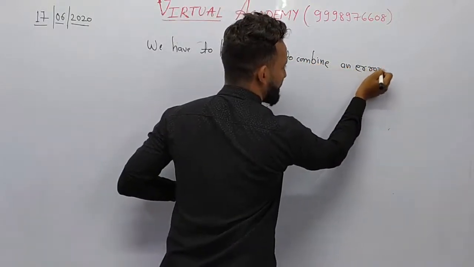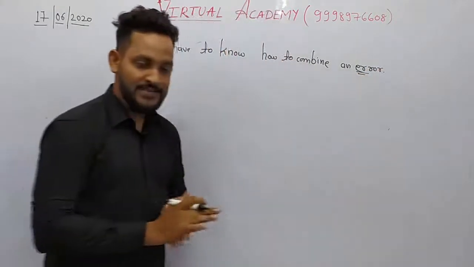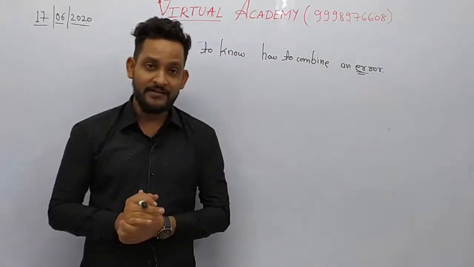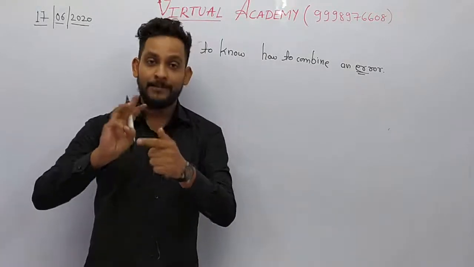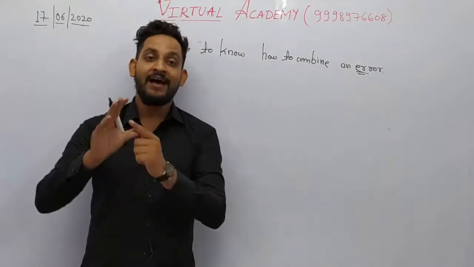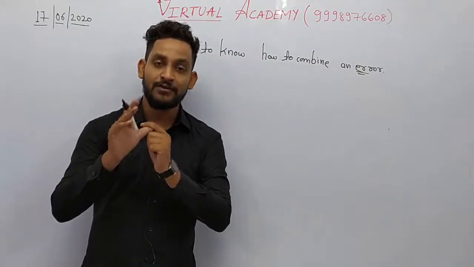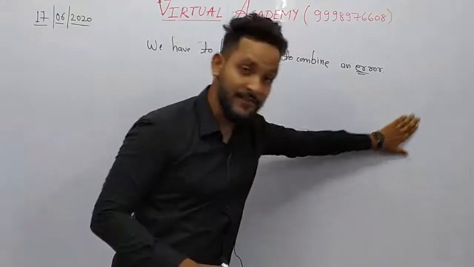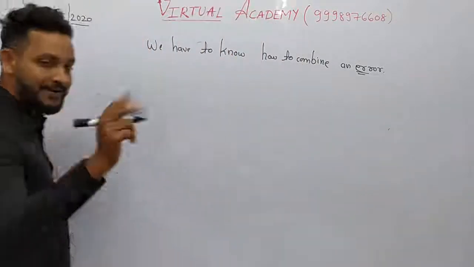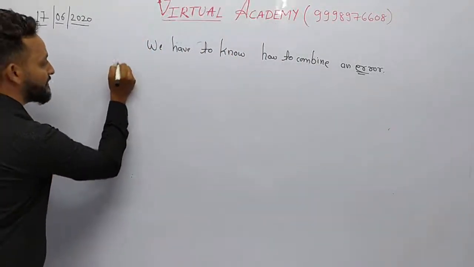Clear? How to combine an error. So basically, what did I say? Combination of error. So basically in this we have to study 5 things: addition, subtraction, multiplication, division, and in terms of exponential term or to the power. Clear? So before starting that, we have to study 5 things. But we have 2 quantities, 2 physical quantities.